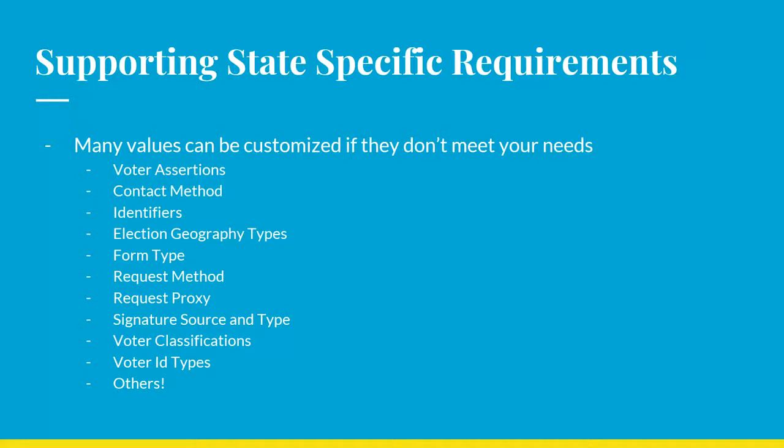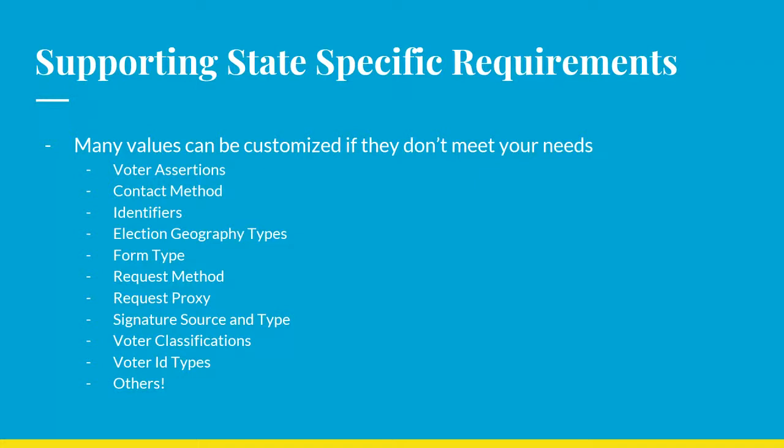The good news is the format can accommodate state-specific needs around storing things that we didn't anticipate or felt couldn't really translate across multiple states. So all these classes you see here, voter assertions, contact methods, identifiers, geography types, form types, can all be extended with a custom value.